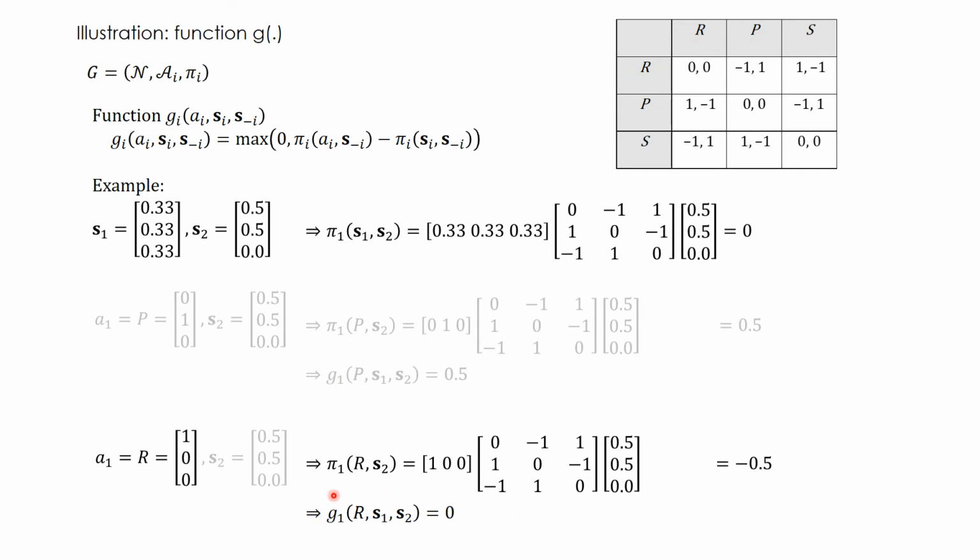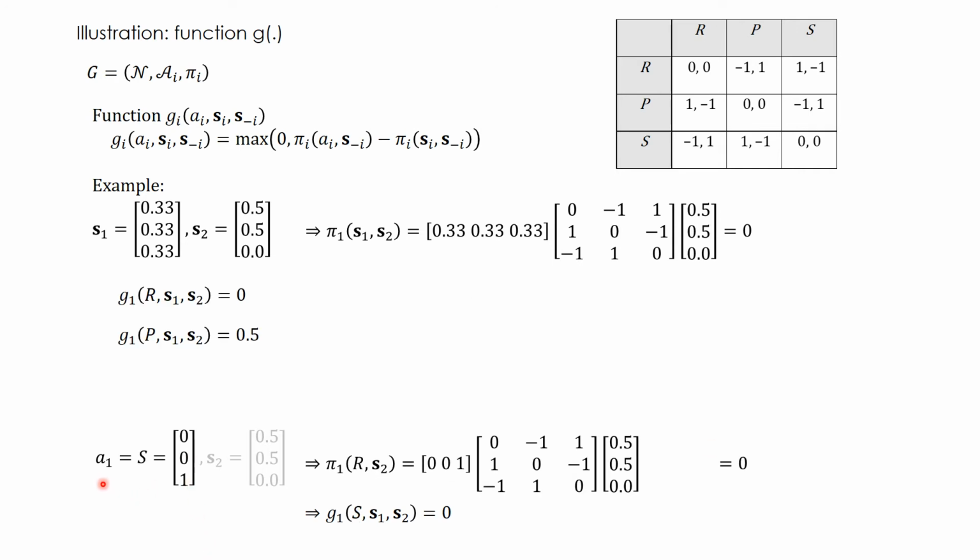And so here, the payoff for R comma S2 is negative 0.5, because agent 1 will lose half the time and it will be a tie half the time. Therefore, this minus this is negative, and so we have to threshold the difference. When we take the difference between negative 0.5 and 0 and apply the max threshold, we get a 0, because negative is not allowed for the function g, so we get a 0 here.